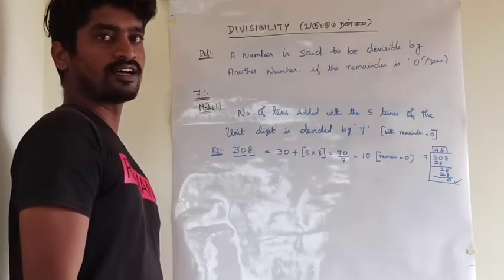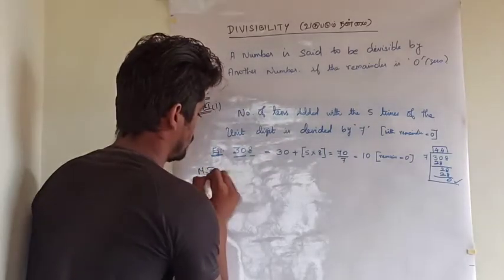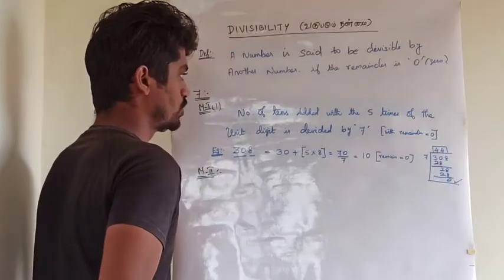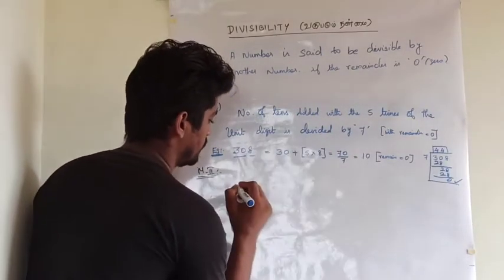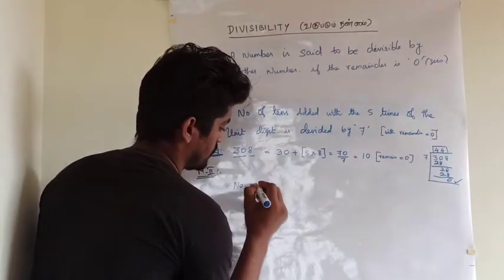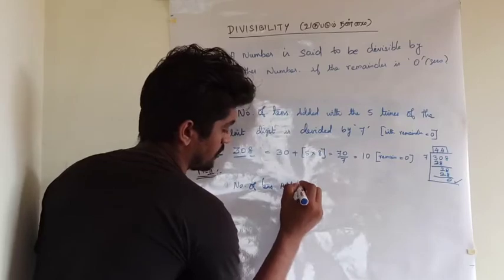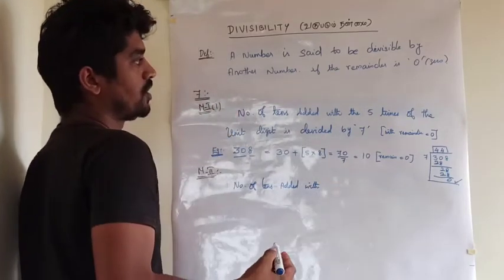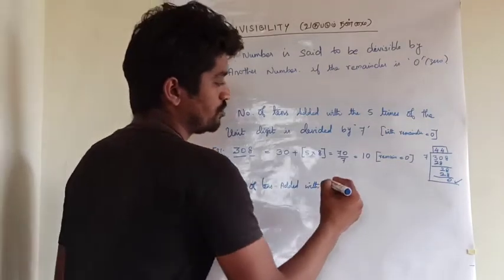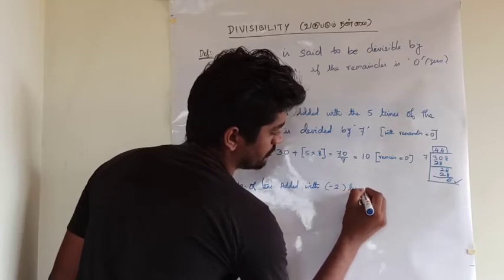The second method is similar. Method 2: the number of tens, minus 2 times the unit digit.